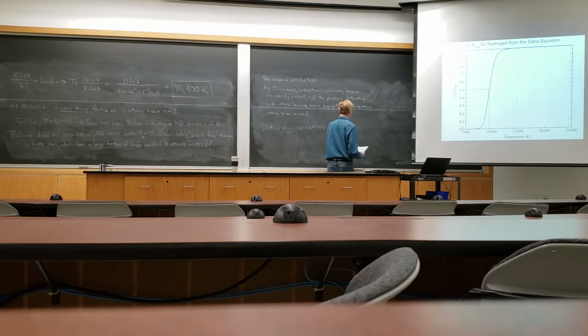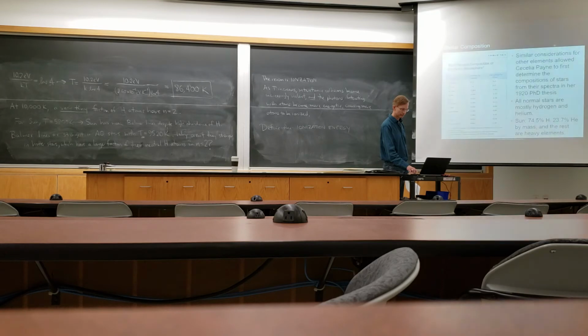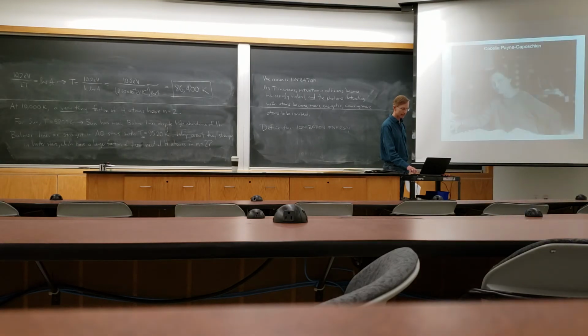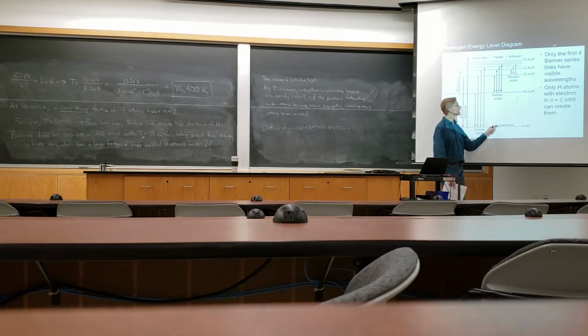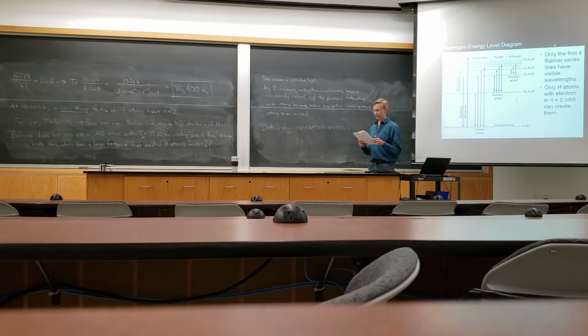And we have to be careful because, for example, if we're talking about hydrogen, there's no one energy that ionizes hydrogen, because if you're in the ground state, you need at least 13.6 electron volts, but if you're already in n equals 2, you only need 10.2, and if you're in n equals 3, you only need 12.1. So there's no such thing as the energy it takes to ionize the atom.